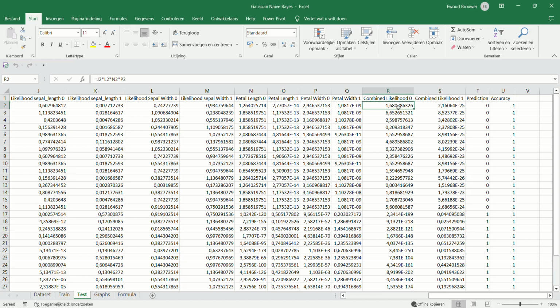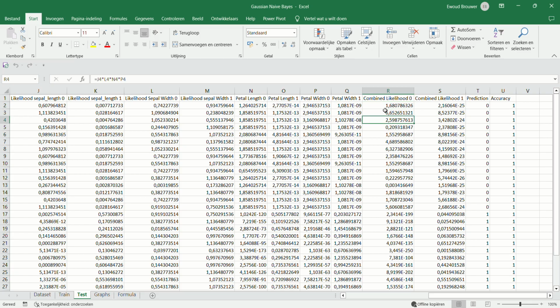I just multiplied them: sepal length likelihood 0, sepal width likelihood 0, petal length likelihood 0. Alright, so I compared the two likelihoods to each other and decided then which one to classify.